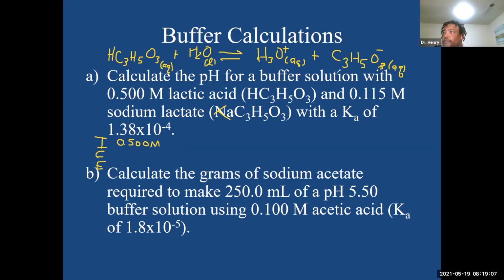And then over here, we're going to start off with 0.115 molar. Now the difference is that we don't start off with any H plus, or the hydronium ion. So we have 0 hydronium ion that we're starting off with.